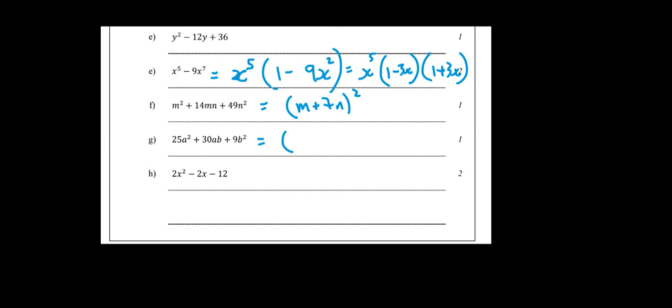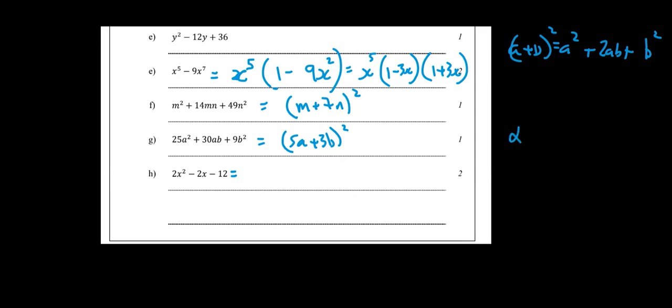You should be able to recognize that this is 5a plus 3b squared from this identity here. Square the first, square the last, and double the product. You can see the 5 nestled in there, the 3, double the product, and you get 30ab.